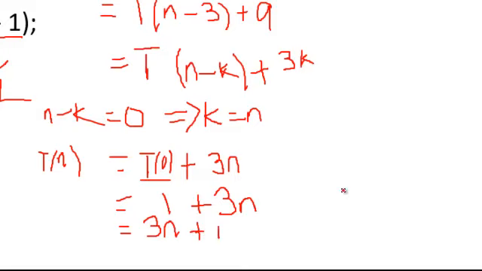So our time complexity here is the big O of n. We just simply remove the constant. So we have the big O of n. That's all.